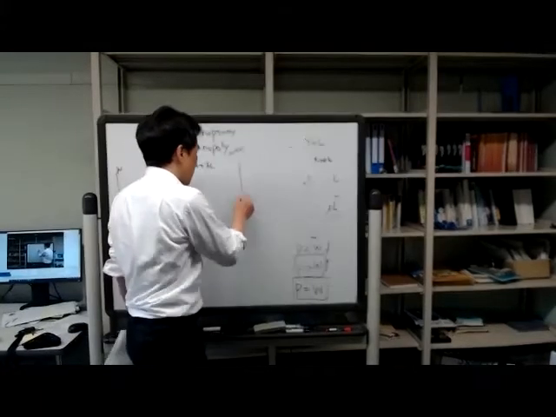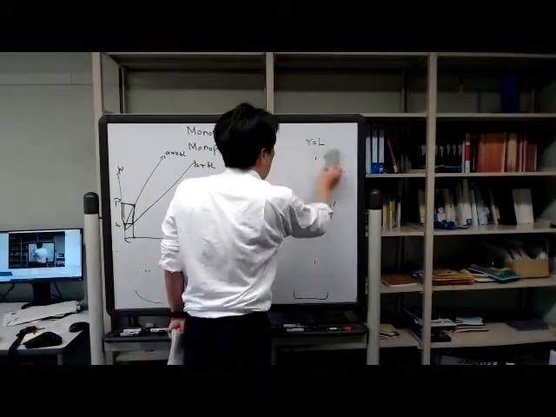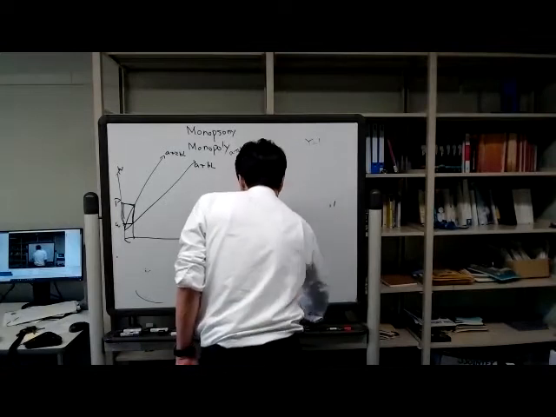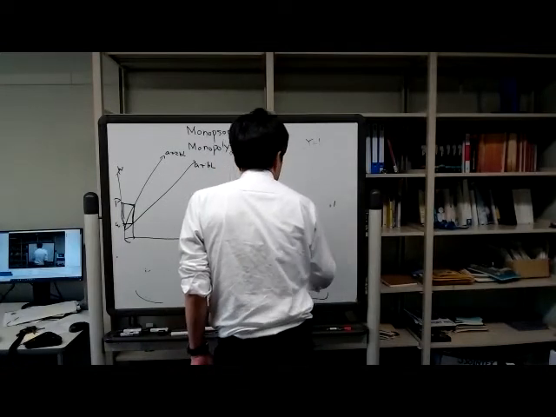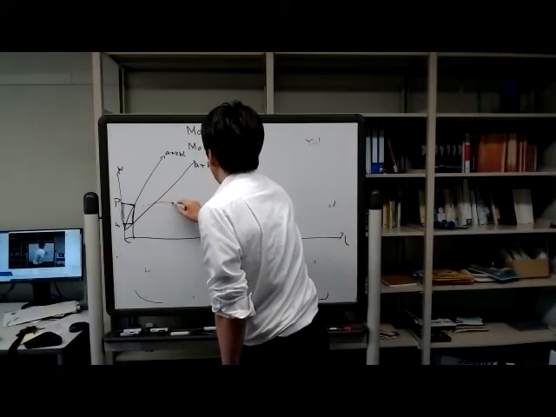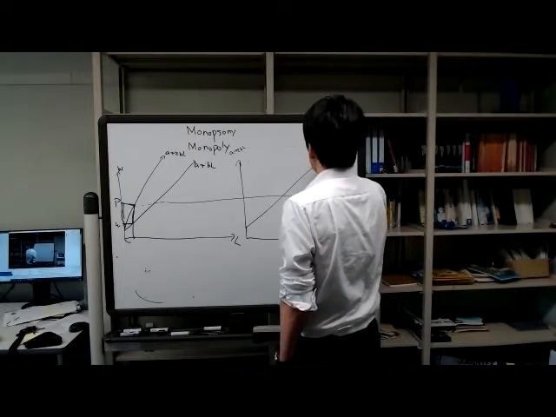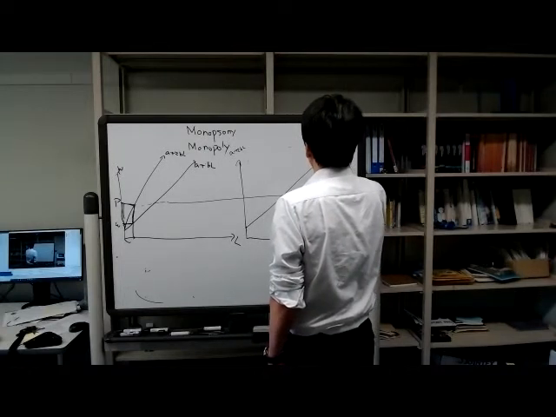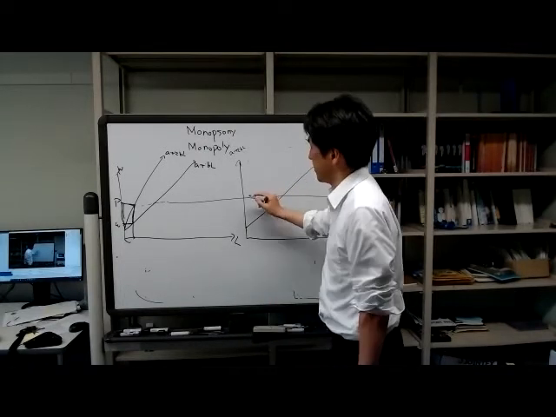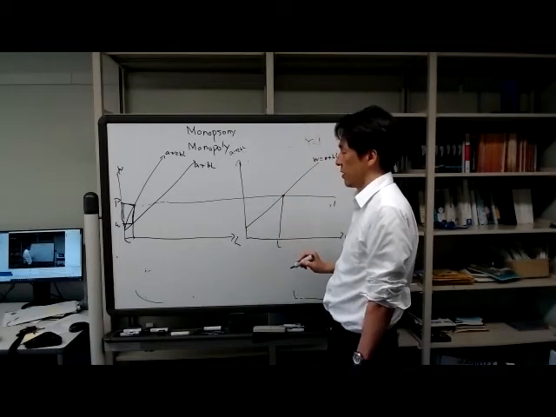With a competitive market where there are so many firms, we know that W equals A plus PL. This is the market equilibrium. This is the labor supply, right?